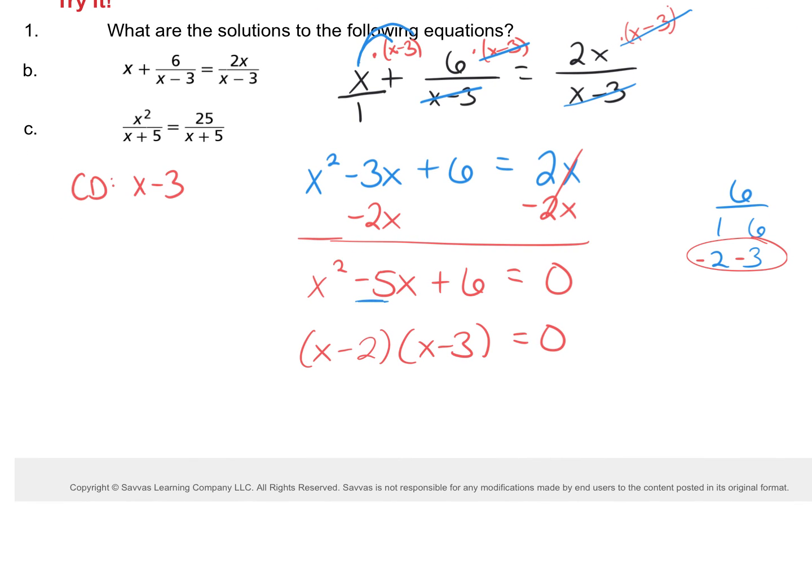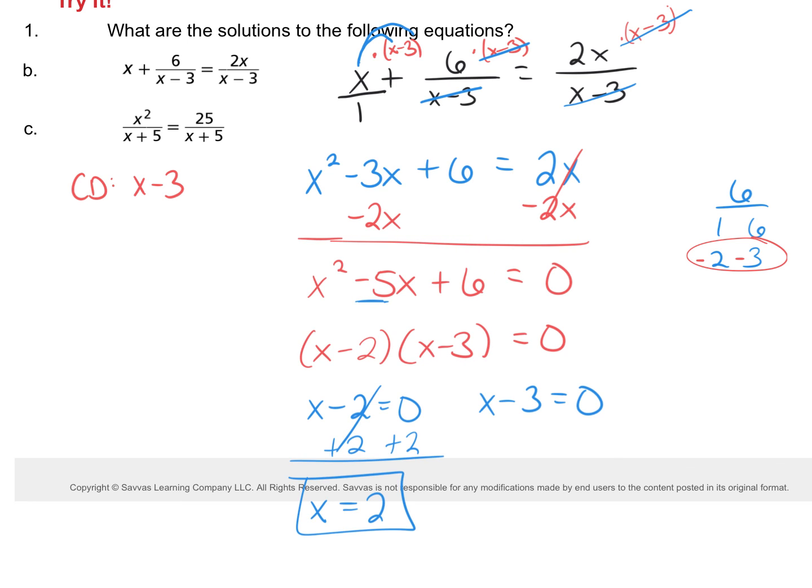How do I solve this? Set them equal to 0. Yep, set them both separately equal to 0. So I have x minus 2 equals 0 and x minus 3 equals 0. So solve. What do I get for my first one? X equals 2 and x equals 3.